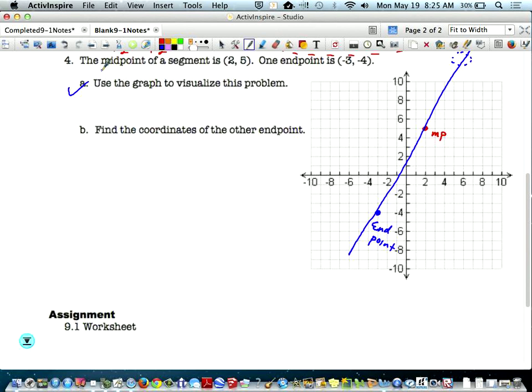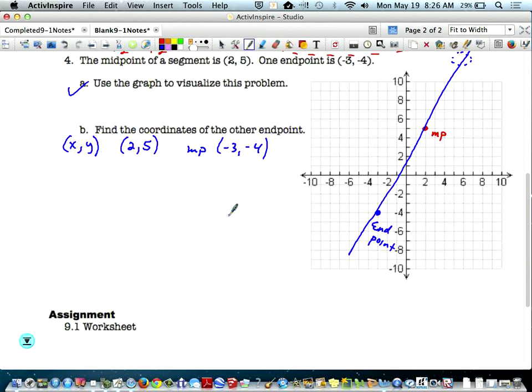We did that. Find the coordinates. So when you go to set up the midpoint formula, let's just call that point x and y. We're going to find a new x and y. So I have x and y and the midpoint (2, 5) with the endpoint (-3, -4).